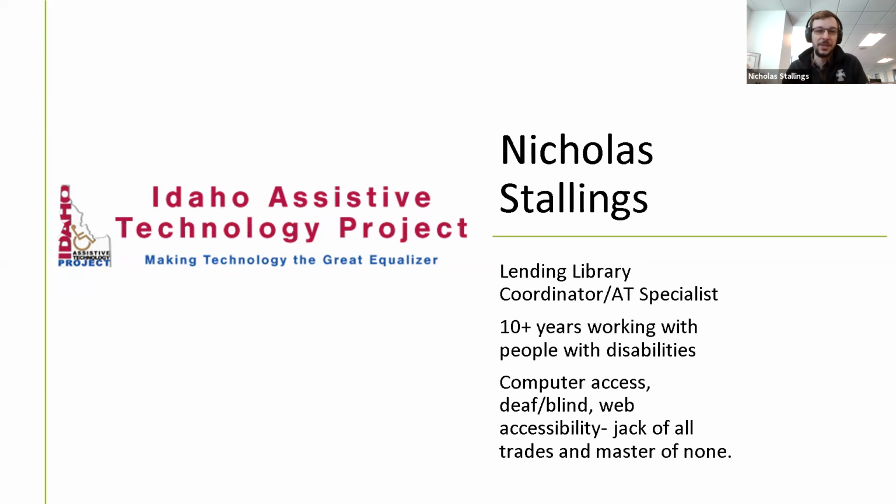I spend also a lot of my time on our deafblind project, which provides assistive technology for communication for individuals who are deafblind. I'm also trying to figure out this web accessibility thing. It's a whole new world, and I know what I don't know, so it's kind of exciting, but also kind of scary at the same time. But like I said, I'm not great at anything, but I try my hardest to help out Lane and do what we can to raise accessibility standards here in Idaho.